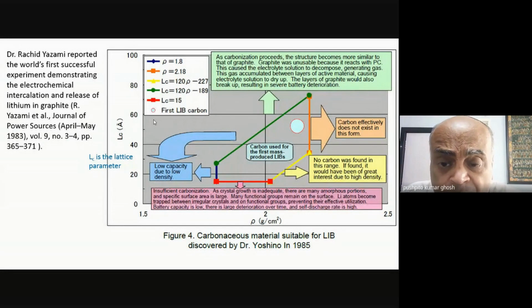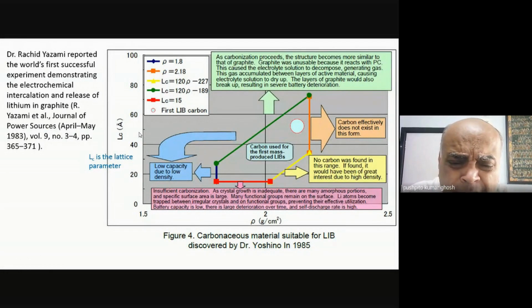And what they found is, the battery had dried up. There was no solvent after some time. And Yoshino then didn't abandon the graphite, but he started playing with the material properties of carbon.